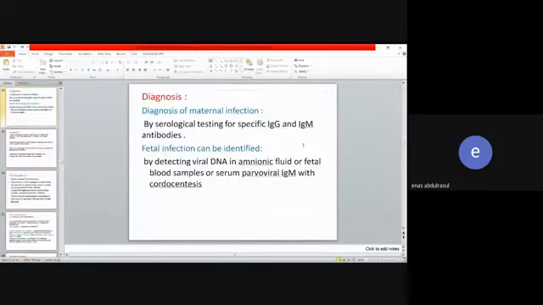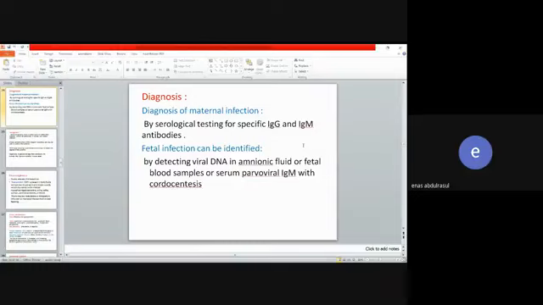Okay, now we come to the diagnosis. Diagnosis of maternal infection is usually made by serological testing for specific IgM and IgG antibodies. But for fetal infection, we said one third of infected mothers will transmit the virus to their babies. How can we diagnose the presence of fetal infection?